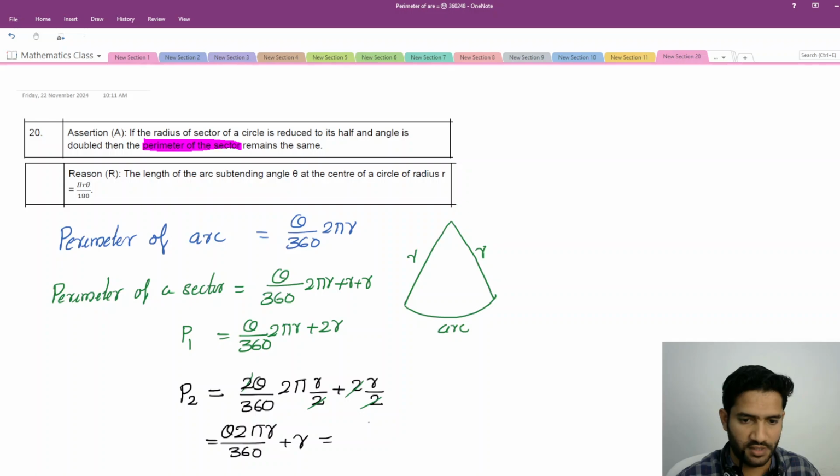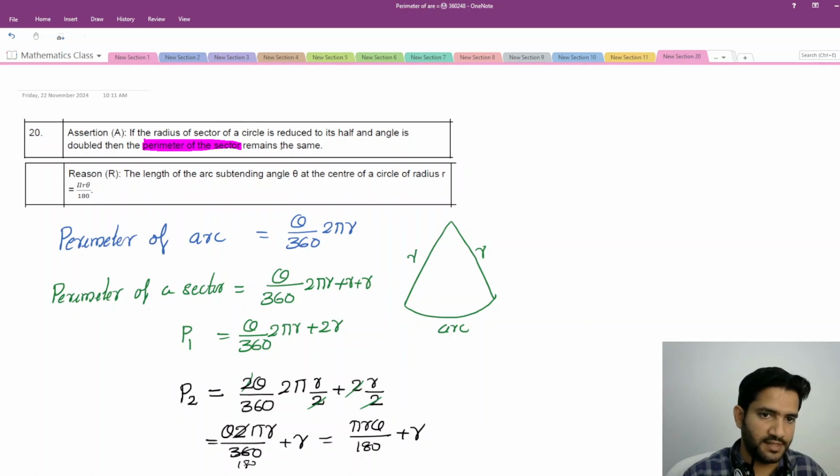If you want, we can cancel 2 and 360, it will be 180. So we'll get pi r theta by 180 plus r. This is the perimeter of the sector. The assertion is saying that it remains the same. Look at the assertion. That's wrong. This is not the same.